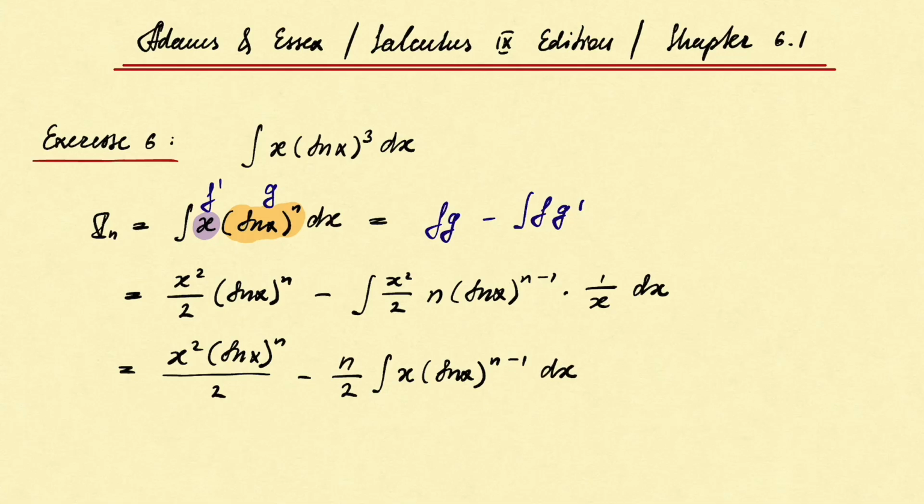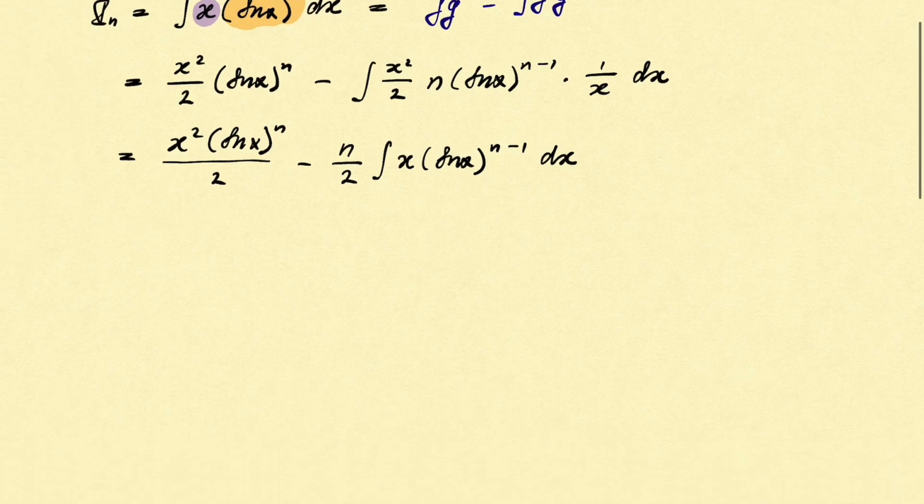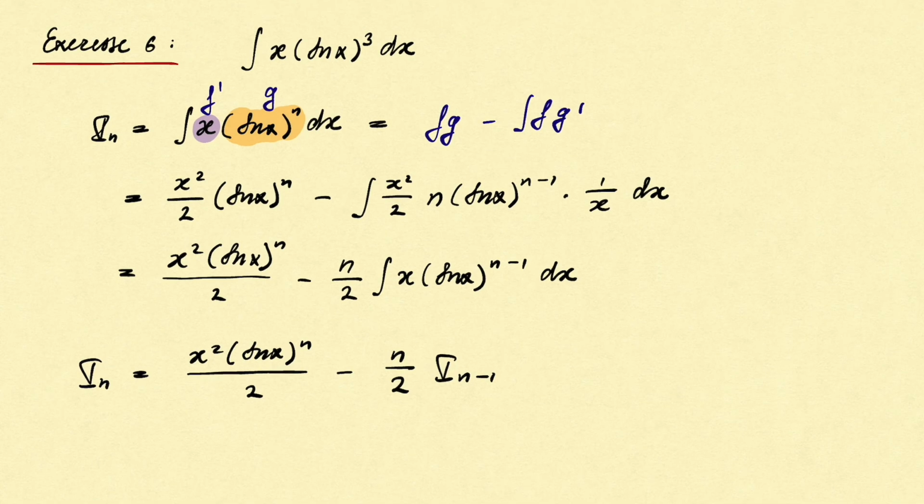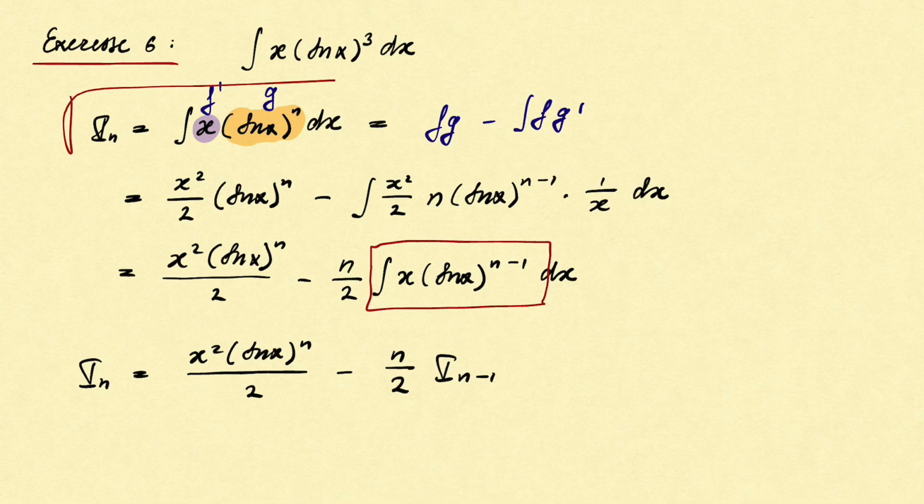So what is it in the end? Let's just write our function I_n. It'll be x squared ln x to the n over 2 minus n over 2 I of n minus 1. Just look at this structure and how we defined our function I_n. So it's just I_(n-1).